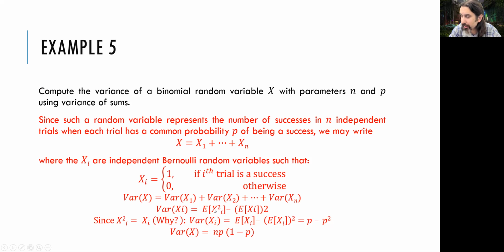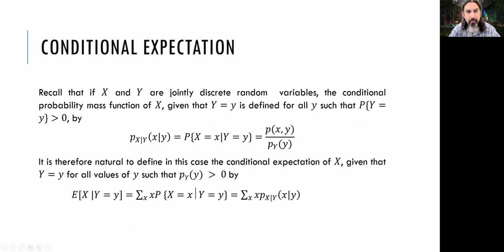So I can write xi instead of xi squared over here. It's going to give me the expected value of xi minus the square of the expected value of xi, which is p minus p squared. Now, this is just for one xi. For all the n xi's, we have n times p minus p squared. If we take p out in parentheses, we get np times 1 minus p.